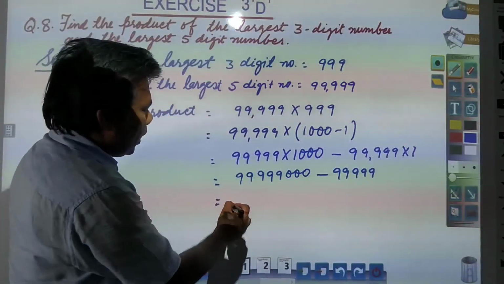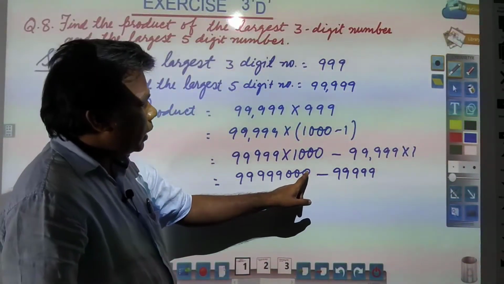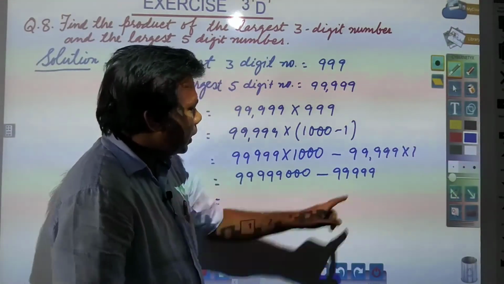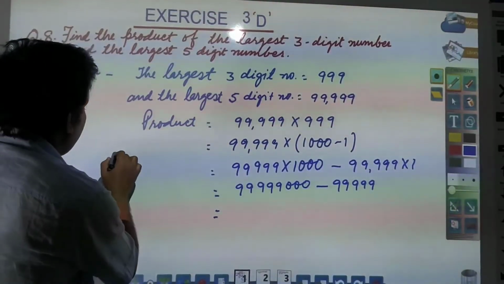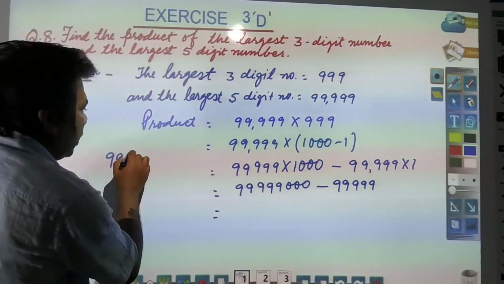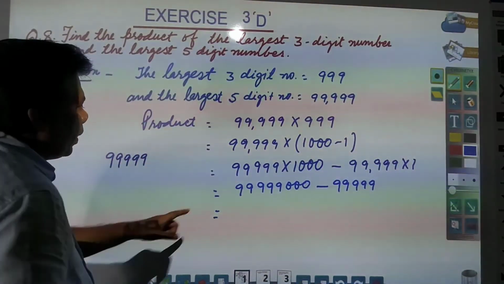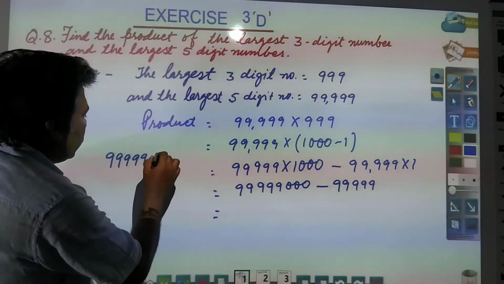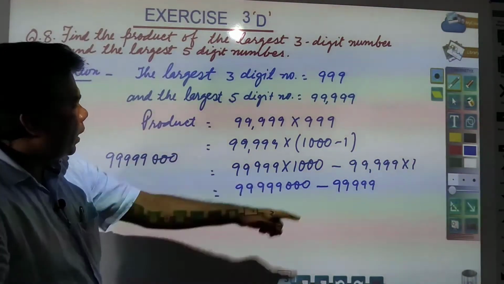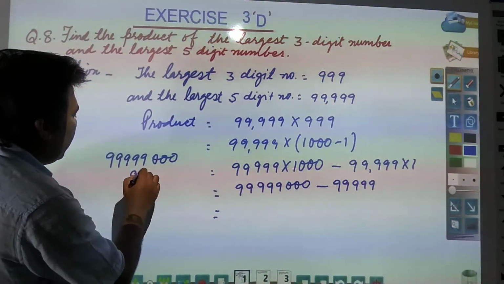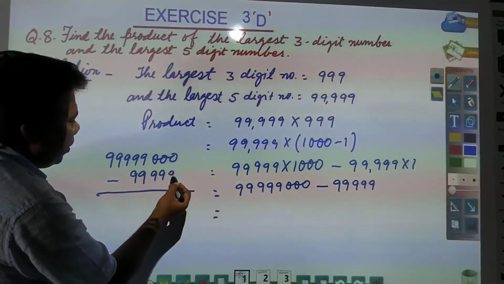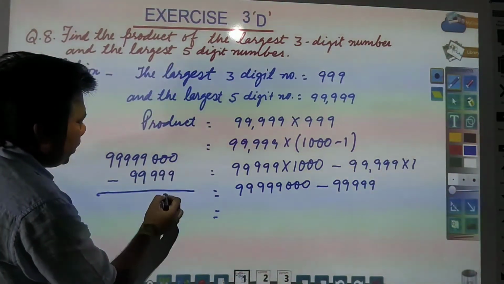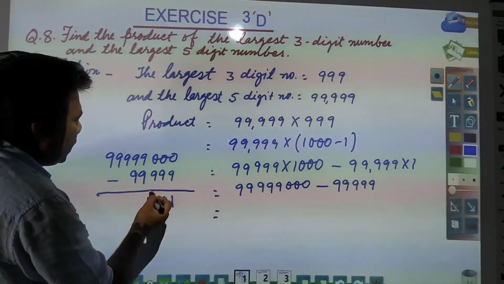Now this is required to be subtracted. Here 10 minus 9 will be 1. You see how we subtract: 99999 five times and 3 zeros, and then you subtract 99,999. 10 minus 9 is 1, 9 minus 9 is 0, 9 minus 9 is 0.